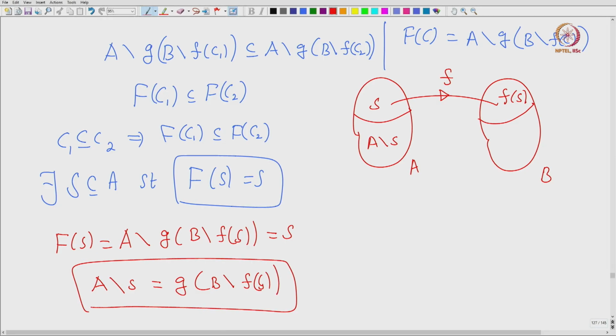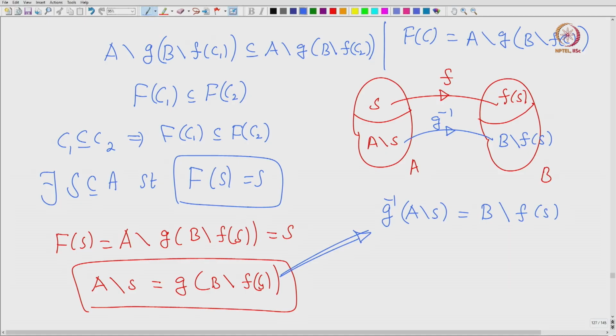That means that when we take this A difference S, then this is indeed mapped under G inverse, and it goes exactly to B difference f of S. Because G inverse of A difference S is exactly B difference f of S. So, this is what we are getting from here.